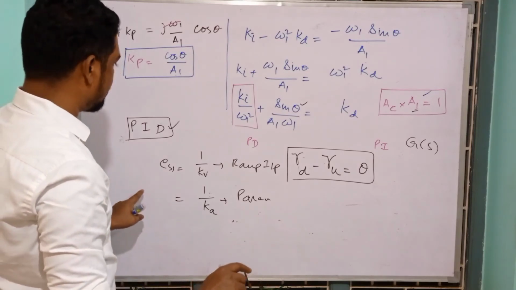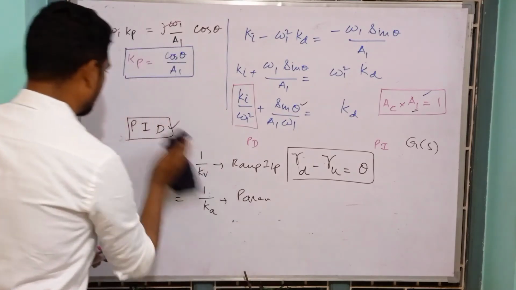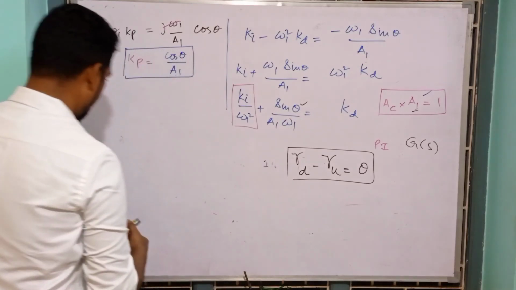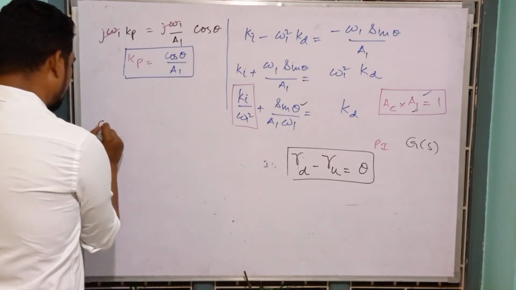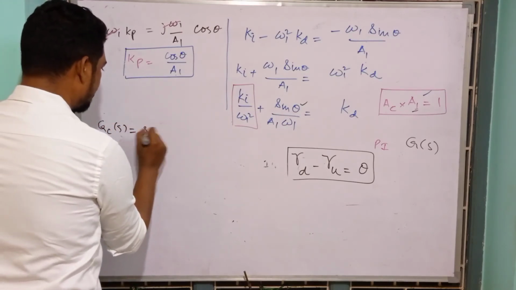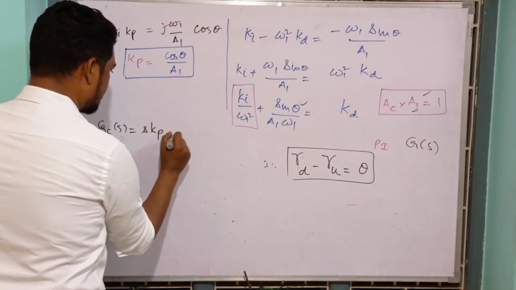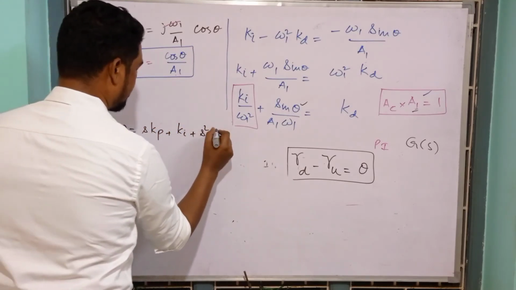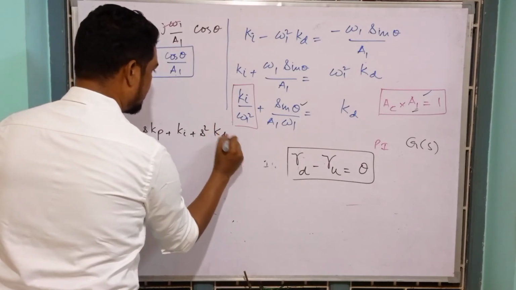Going back to that expression, I hope you remember this one. These are the expressions for that. If you remember, we have Gc of S equal to Kp plus Ki by S plus S into Kd.